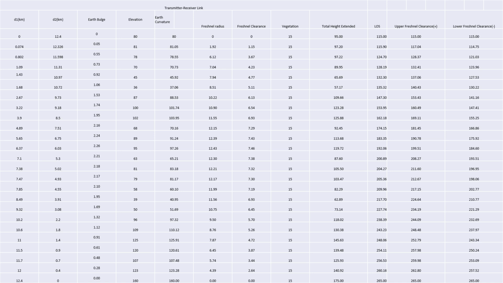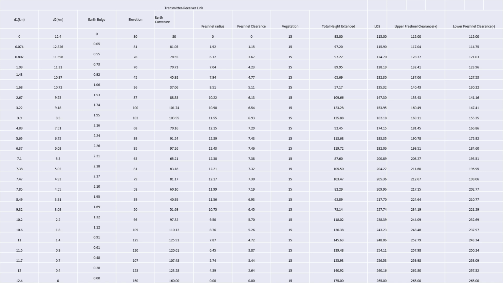So the formula for the earth bulge is: earth bulge equals distance 1 times distance 2 over 12.75 k, where k will have a value of 4/3 as a standard.